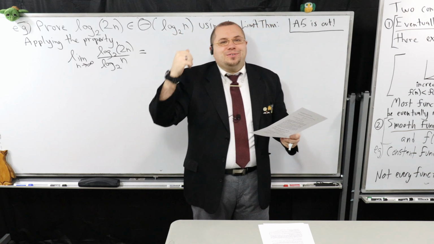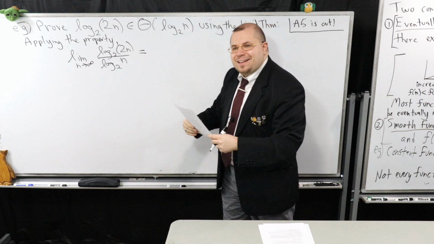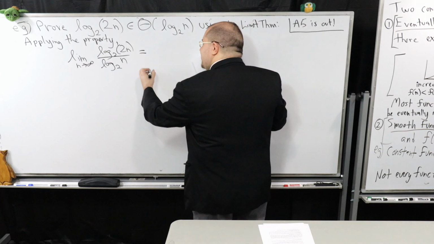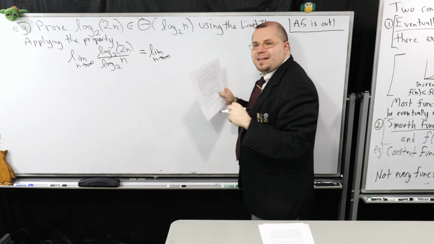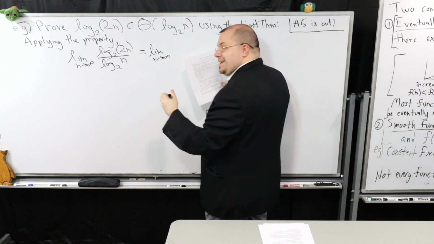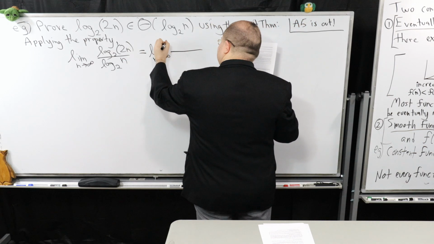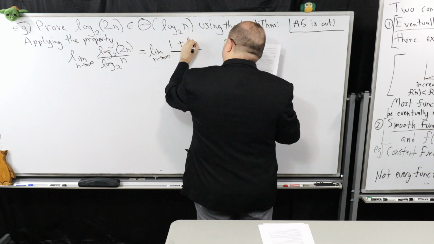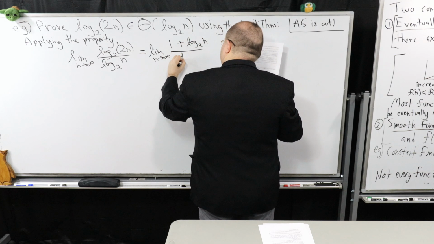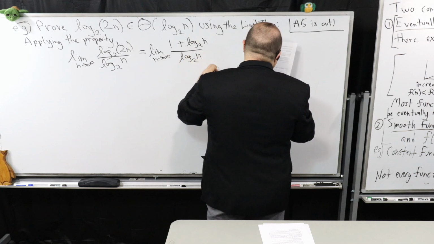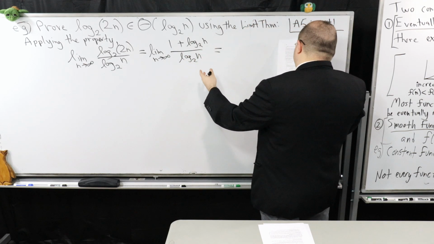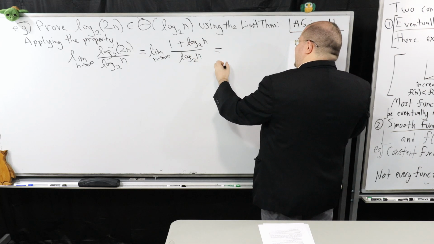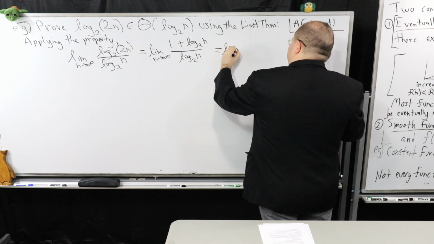And what's log base 2 of 2? It's 1, exactly. So I just have 1 plus log base 2 of n over log base 2 of n. Now I'm going to rewrite this to make it easier to see what the limit would be.